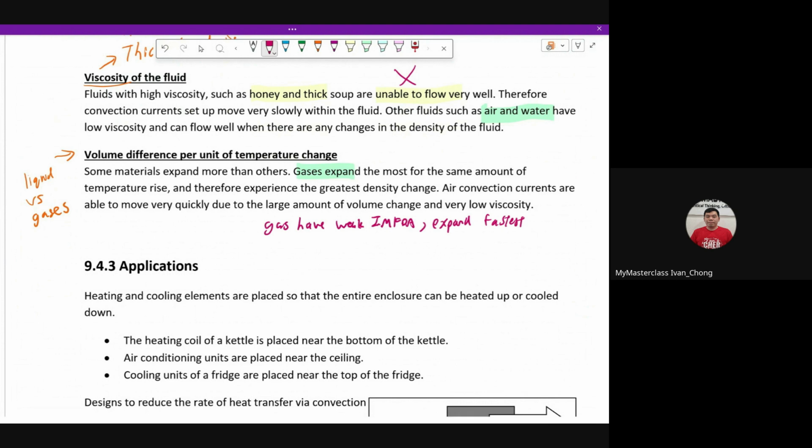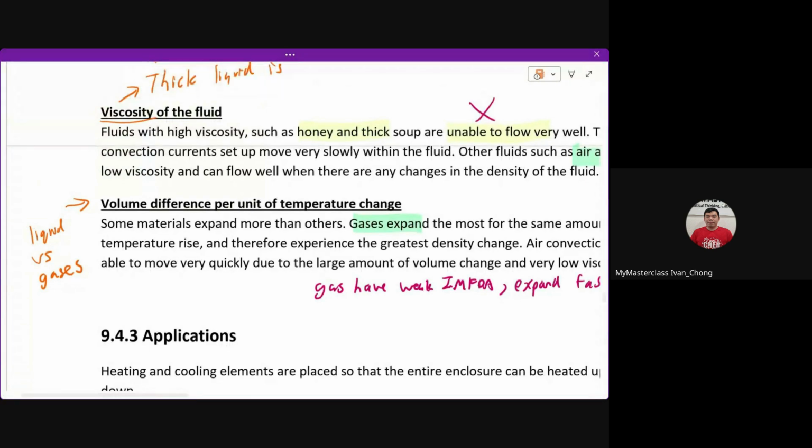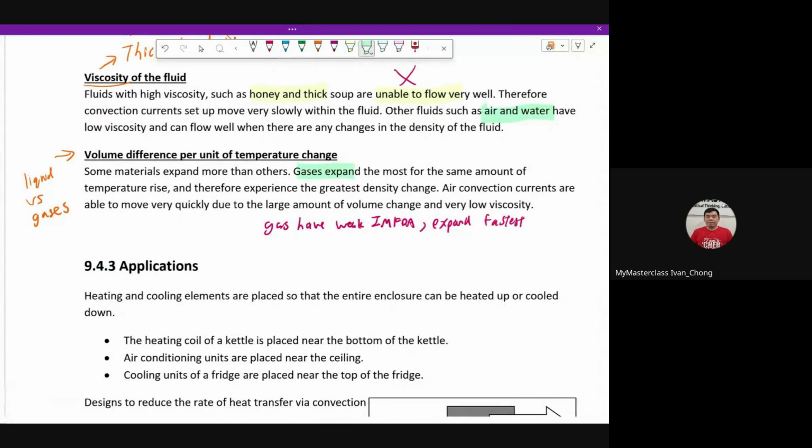You also have the greatest change in density. Remember, density is mass over volume. So if your volume increases a lot, your density also decreases a lot. Okay, so because of this, density drops a lot.